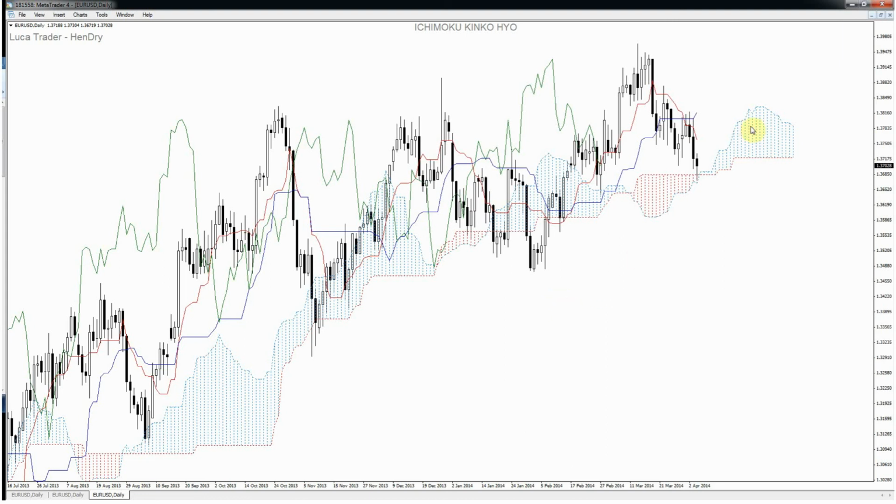So with all of this, we can combine it into one trading strategy. In order to determine a bullish market, make sure that the price is right above the Tenkan line and the Kijun line.